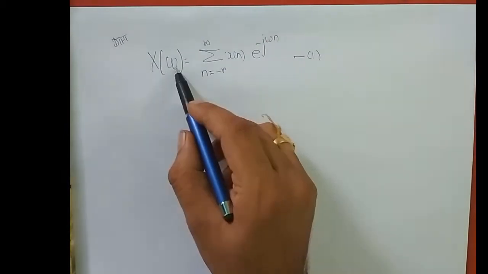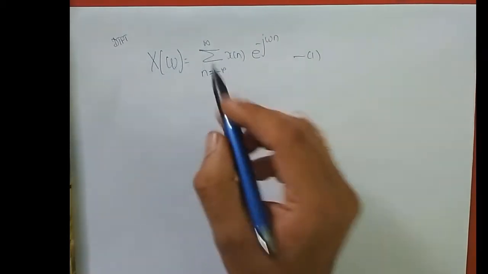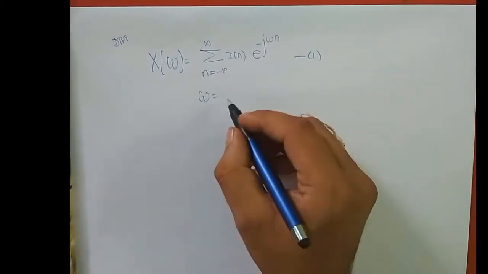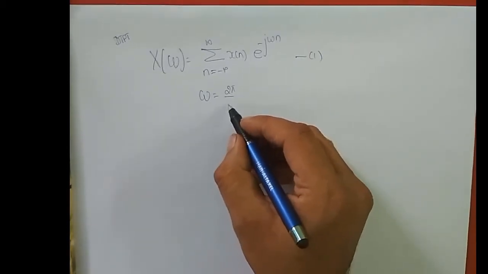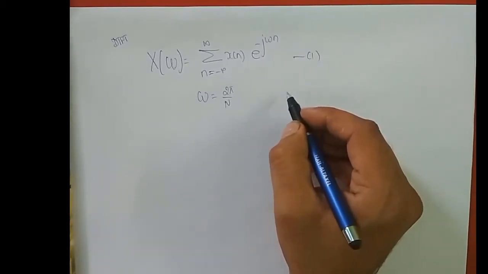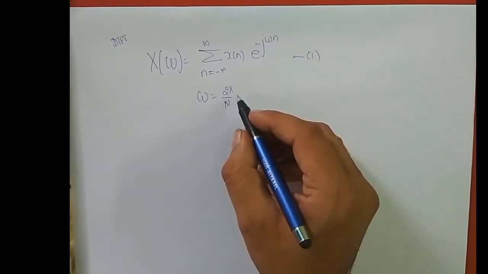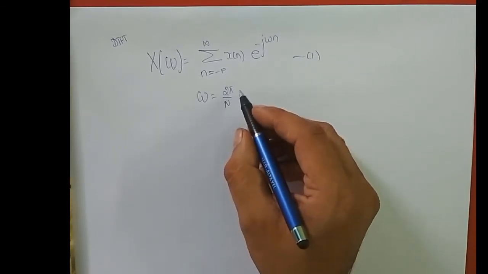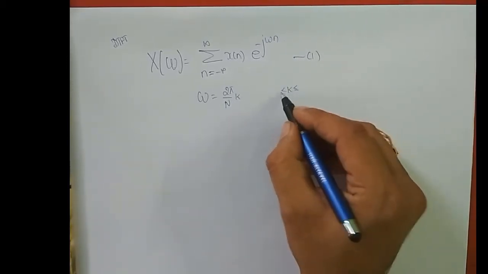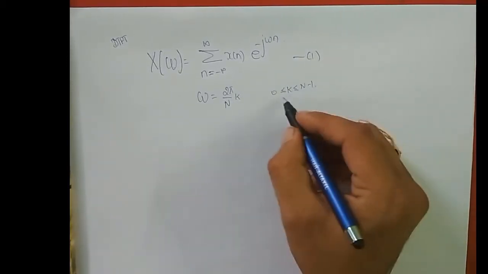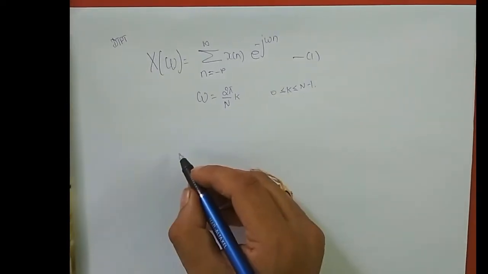Now since X of omega is periodic with fundamental period 2 pi, we sampled omega from 0 to 2 pi with N number of samples, right? And to get the samples, we had an index k, where k was varying from 0 to N minus 1, since we sampled N number of samples.